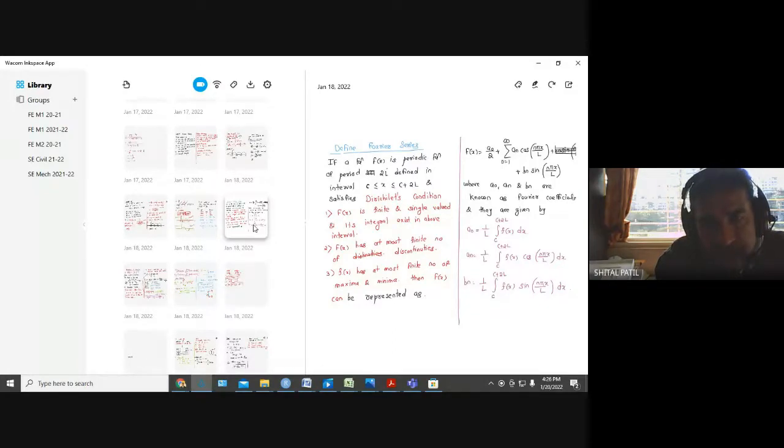And bn is defined in the same way. So remember that whenever c is equal to 0, the formulas will be modified. That is, only the limits will change. Everything else will be the same.